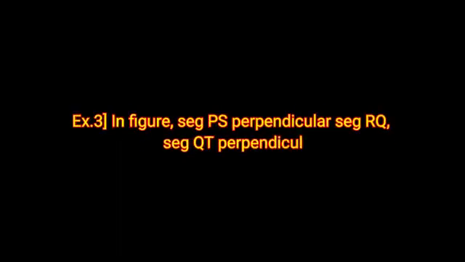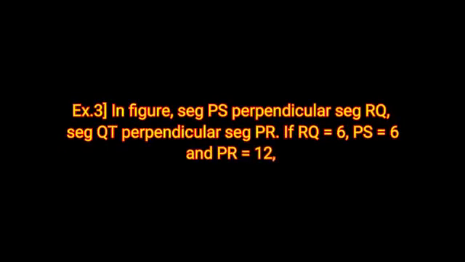In figure, segment PS is perpendicular to segment RQ, segment QT is perpendicular to segment PR. If RQ is equal to 6, PS is equal to 6 and PR is equal to 12, then find QT.